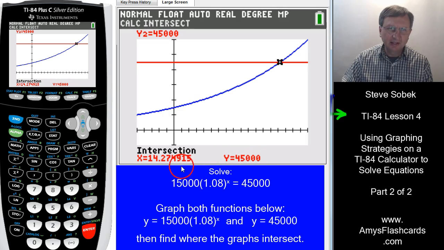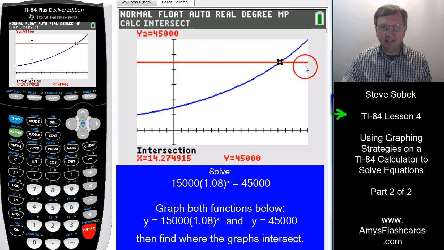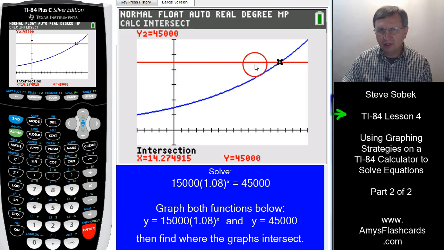All right. But I kind of like this method because the functions are just teeming with meaning. The red function, y equal to 45,000, shows our goal. Let me get my pen operational here.